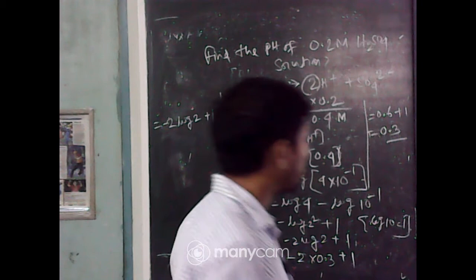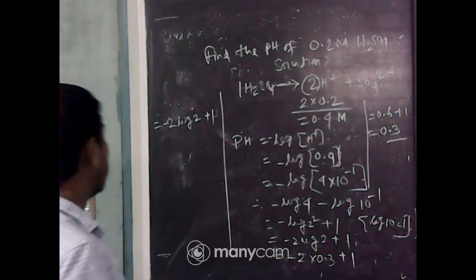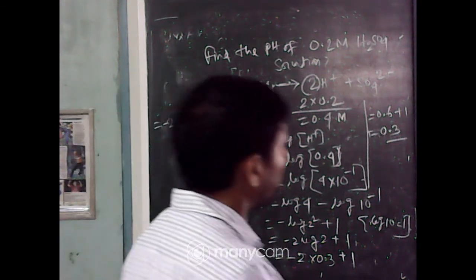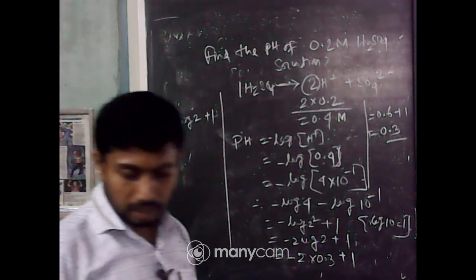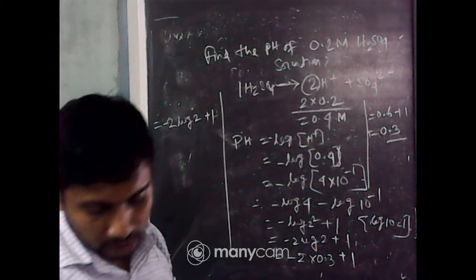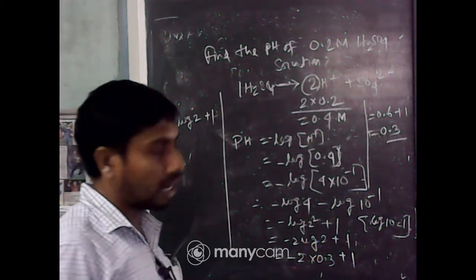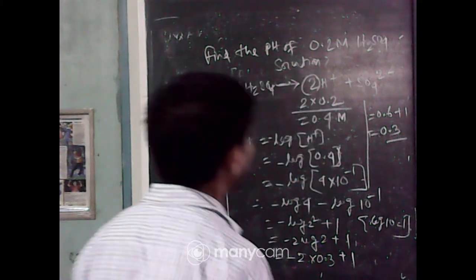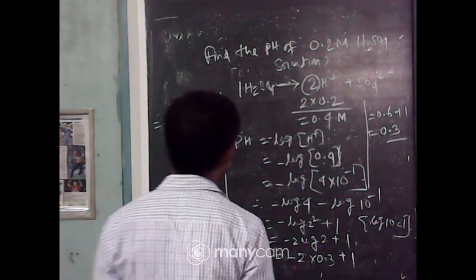Clear? Now, write it down. In the same way, there was another part of this question, that is calculate the pH of 0.2 molar calcium hydroxide solution. Clear, students? How to calculate the pH?